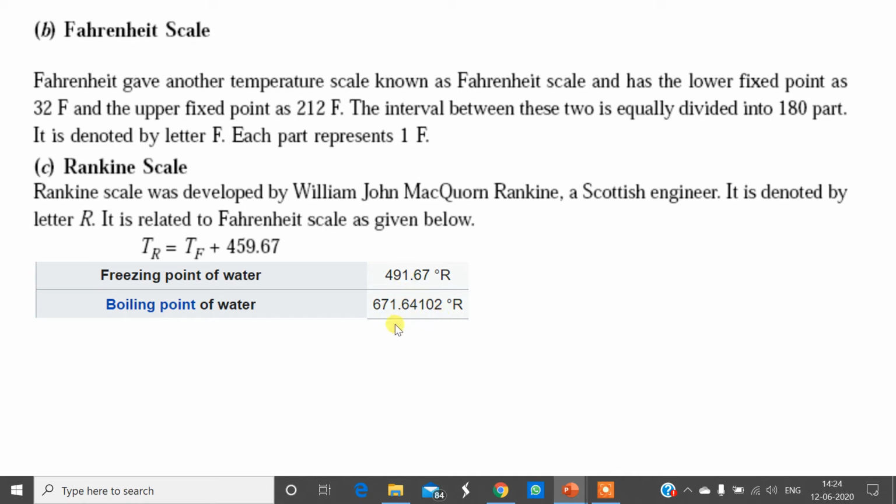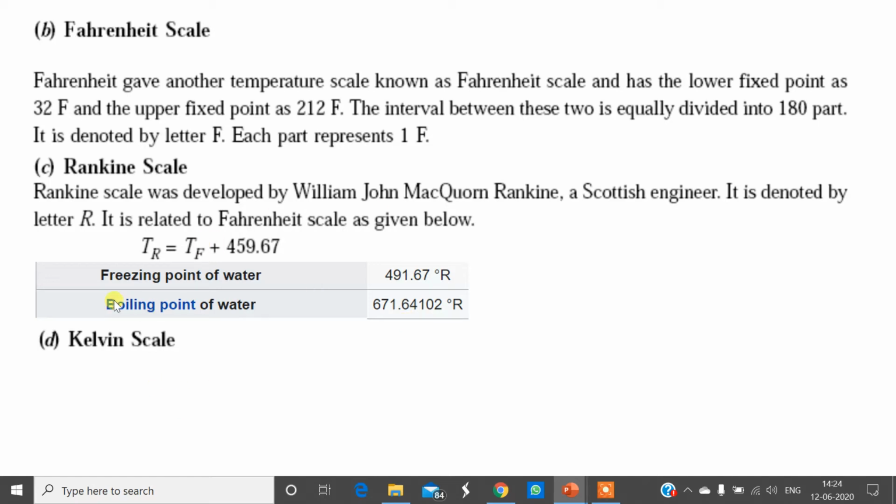The difference between 671 and 491, ignoring the decimal points, is approximately 180. The difference between the boiling point of water and the freezing point of water in Rankine is 180 Rankine, and this 180 Rankine is equally divided into 180 parts.